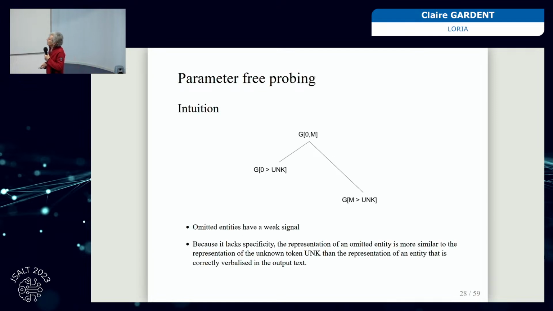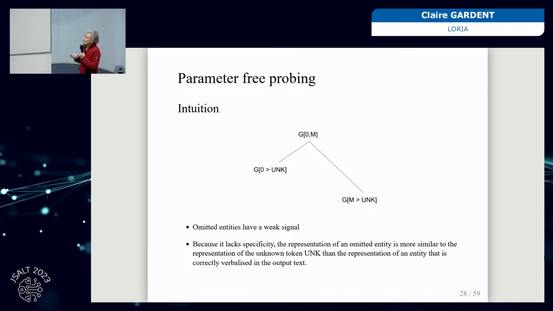Okay, so as I said, we have two probes. The first one is parameter-free, so it's not a classifier, it's not something you train. It's basically just comparing. Remember, our hypothesis was that the omitted entity has a weak signal.